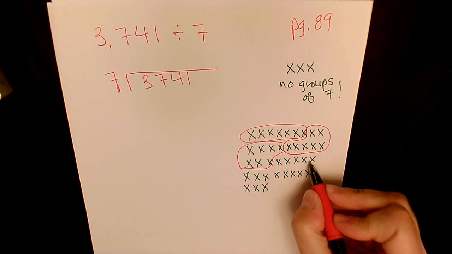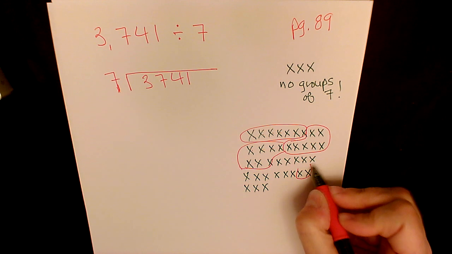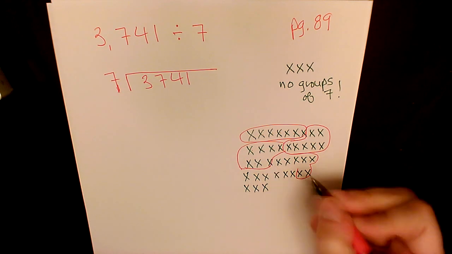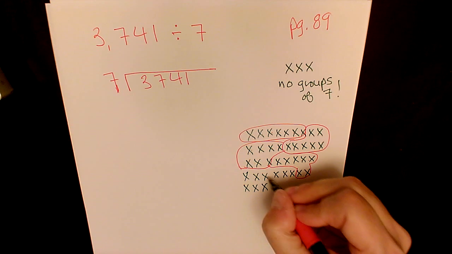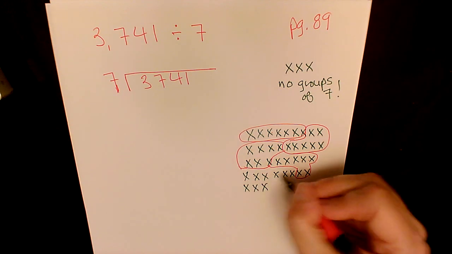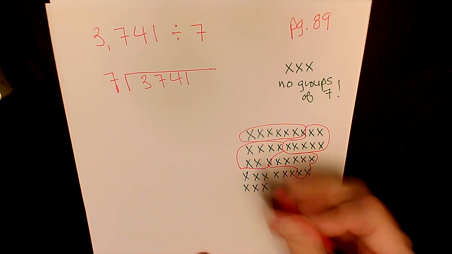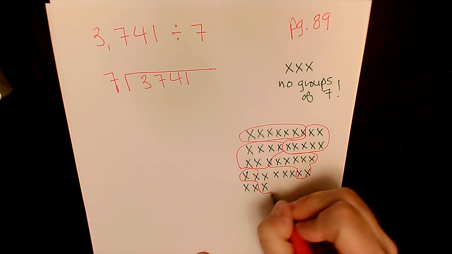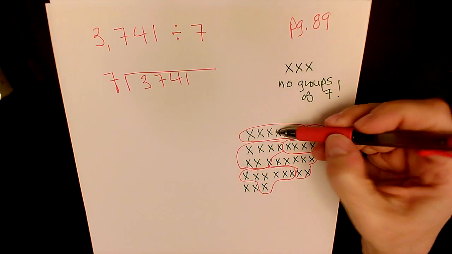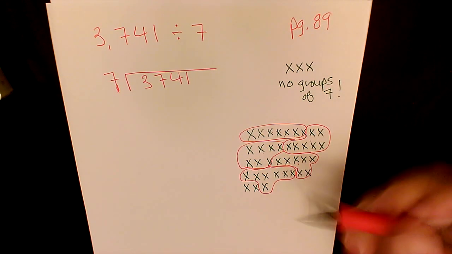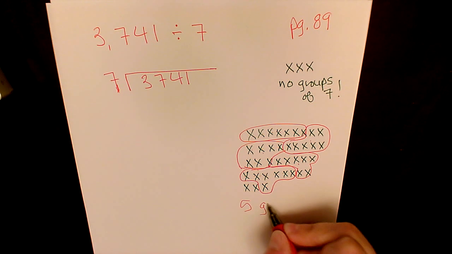Here's another group. 1, 2, 3, 4, 5, 6, 7. Okay, so I've got 5 groups of 7.